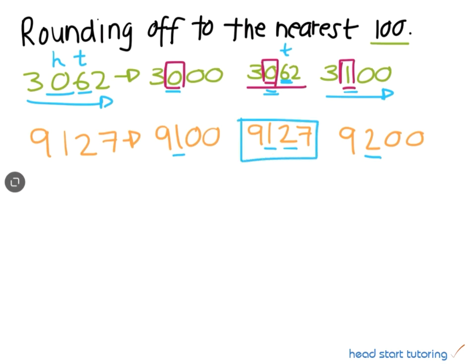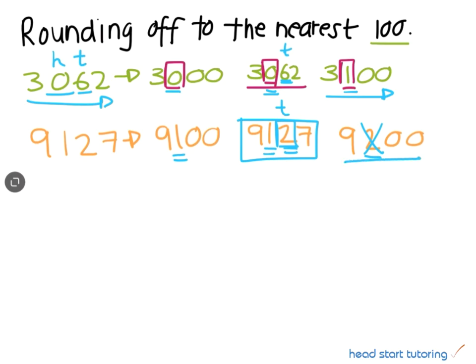So because the place value of our 10 is a 2, we've got 2 tens here, and that means that our hundreds is actually going to stay the same. So our hundreds is going to stay 1. It's not going to round up to a 2 because of this 2 here. If this 10 was a 5, 6, 7, 8, or 9, then yes, it would round to 9,200.